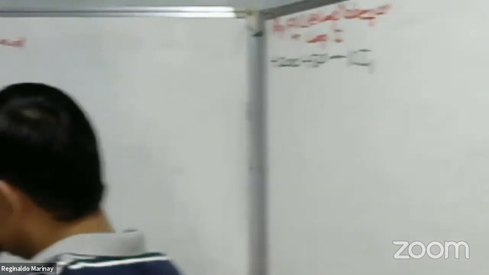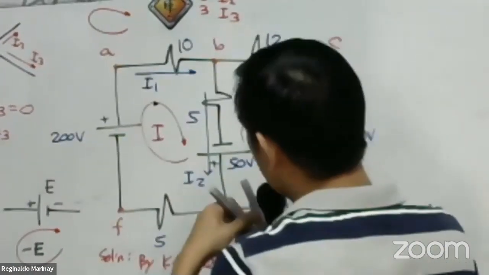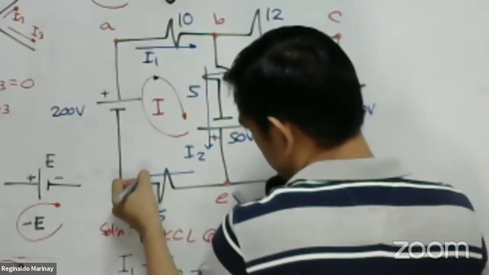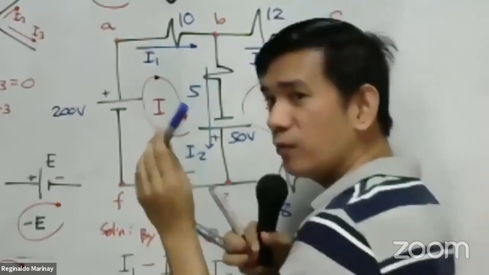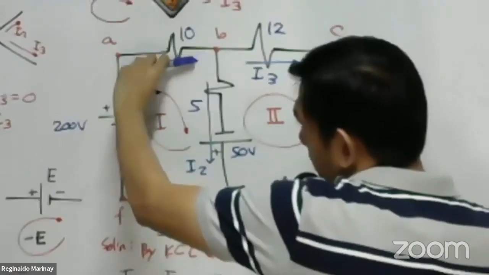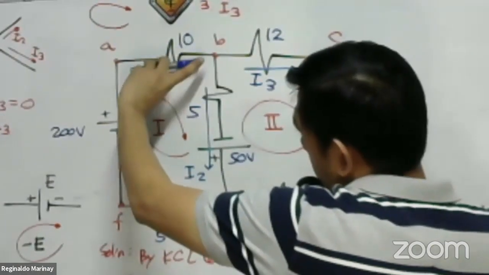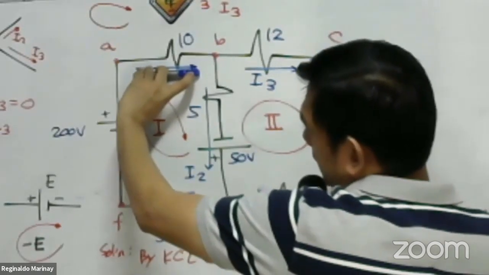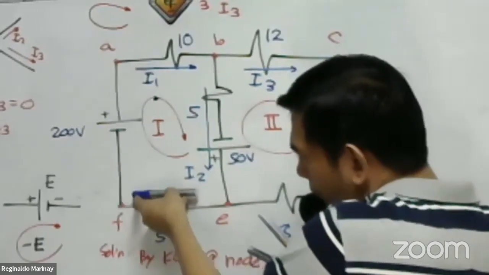Oh, by the way, there is a current flowing in our 5 ohm resistor. Who is this current? Actually, this current is also our I1. Take a look at my marker. This is the arrow of the current. I will trace this one so that it will not affect its direction.